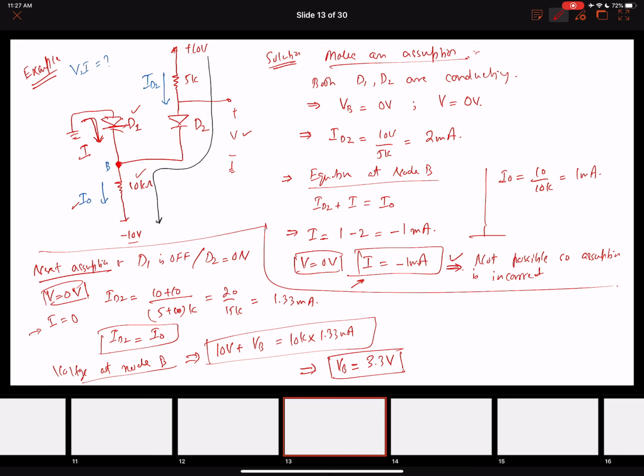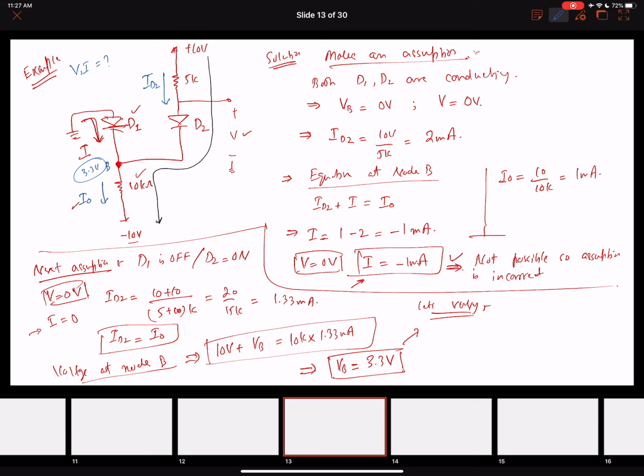All right, so this means that now, okay, now let's verify our assumption. What is the value of VB? VB is 3.3 volts. So this VB here is 3.3 volts, right?